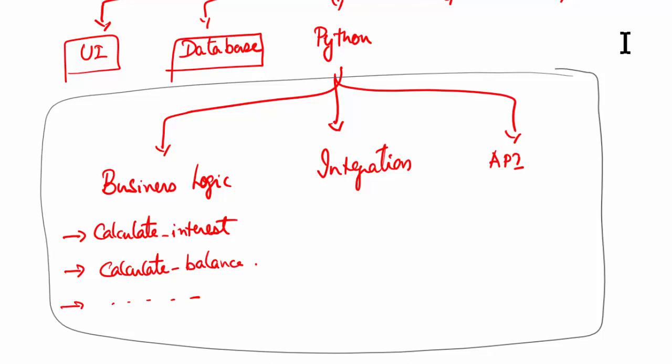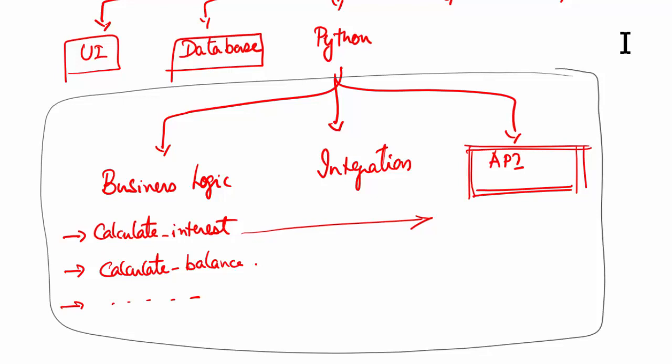Now, to calculate the interest on a bank account, there might be a complicated logic. The API team doesn't bother about that. They're not interested in the logic to find out what is the interest on a savings account. They're interested in building APIs that can interface with this application. So what they're going to do is just use this function in their own programming API and then use it to build their API.